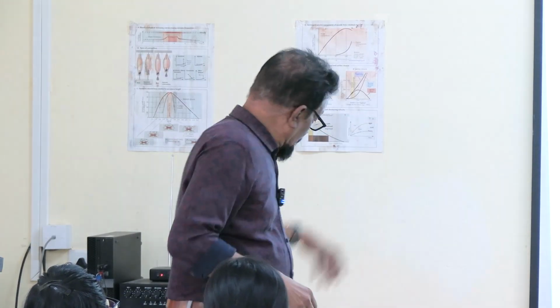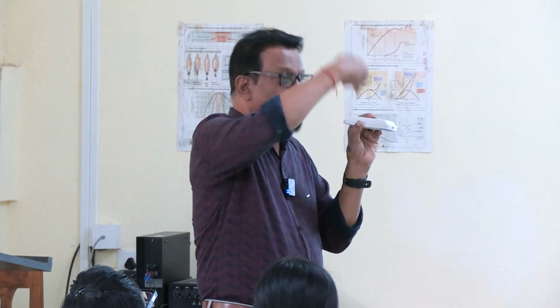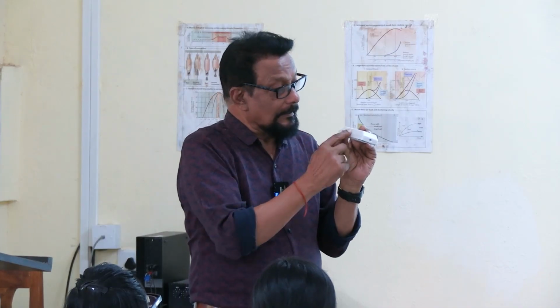Suppose this is the heart. They will run along the epicardium, and from the epicardium several branches will come inside. They will supply through smaller arterioles and capillaries to the myocardium, and then the endocardium.